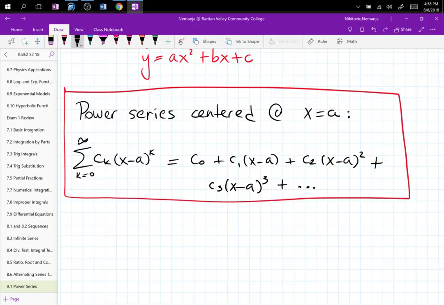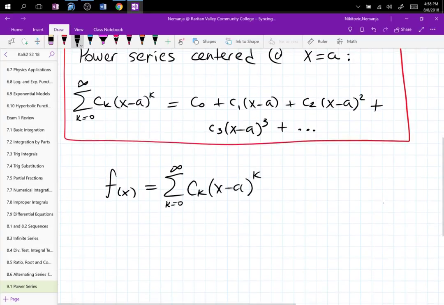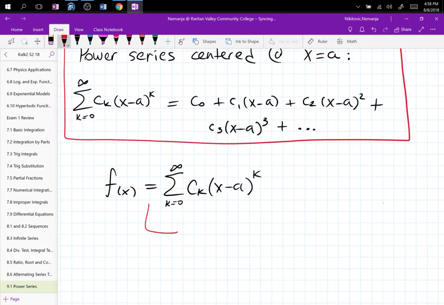So technically, I'm going to write as a formula that f of x is equal to the summation of c_k times (x minus a) to the k, and then k goes from 0 to infinity. So this is equal only if you use all of the infinity. So let me write that in blood over here.